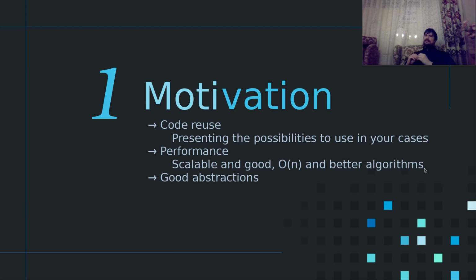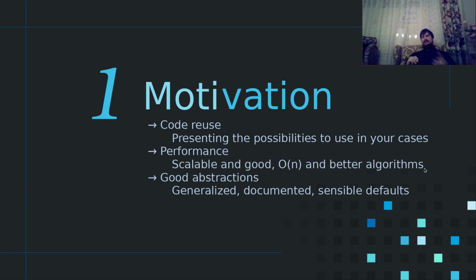Also, I tried to make these good abstractions. They are generalized, documented. When I mean documented, they have in the source code base of course documentation comments, even regular comments in the lines of the algorithm itself, not just for their functions.